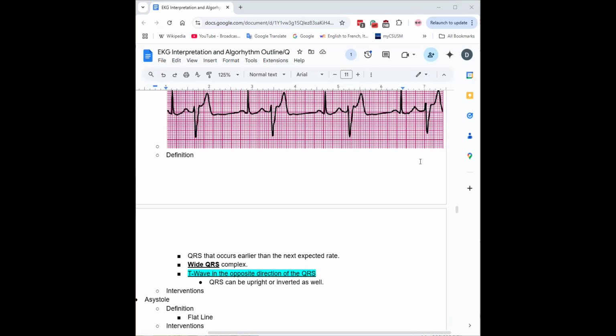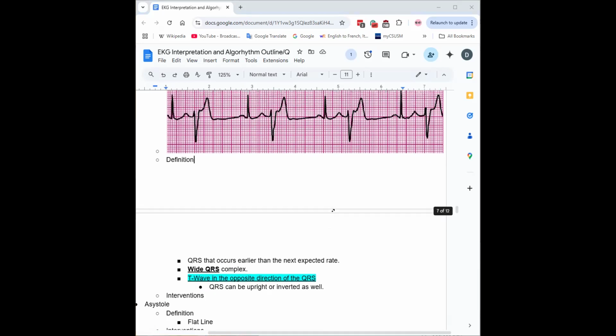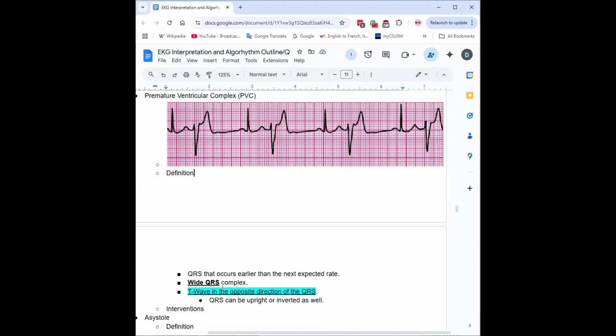But yeah, one of the weird quirks with this one is that the PVC is gonna be wide, like we mentioned. The wide QRS is a sign that there's something off with the ventricles, which makes sense if this is a PVC, the ventricular complex. But the strange thing is that sometimes the QRS can actually be upright or inverted. So here we see the inverted ones.